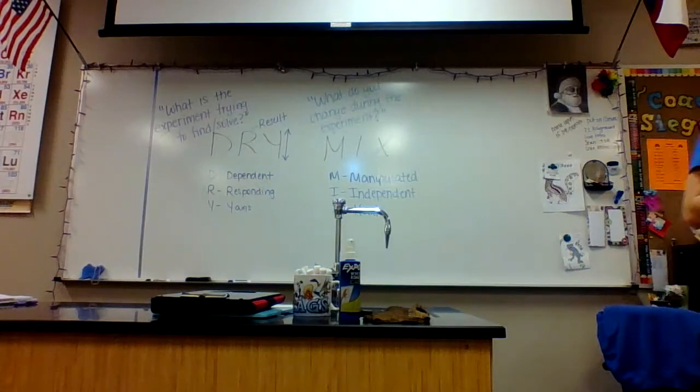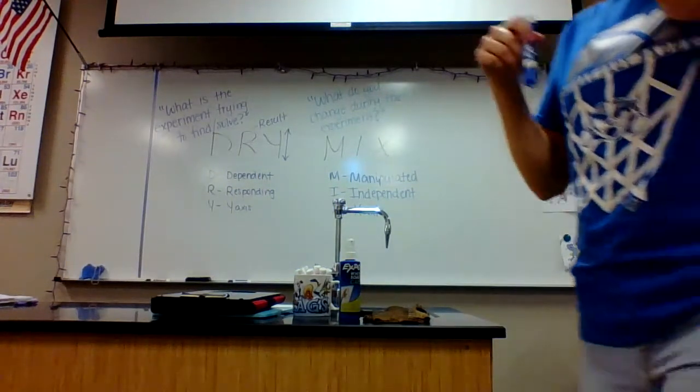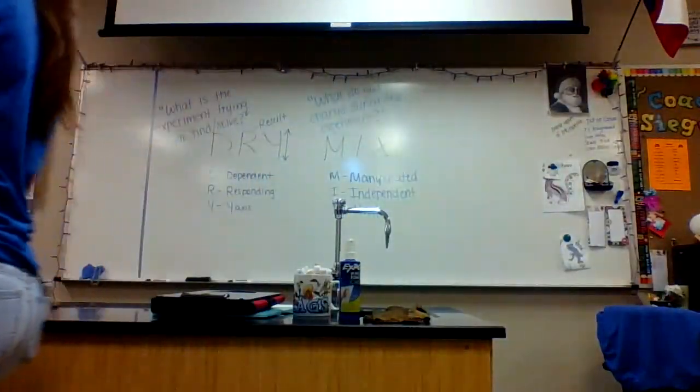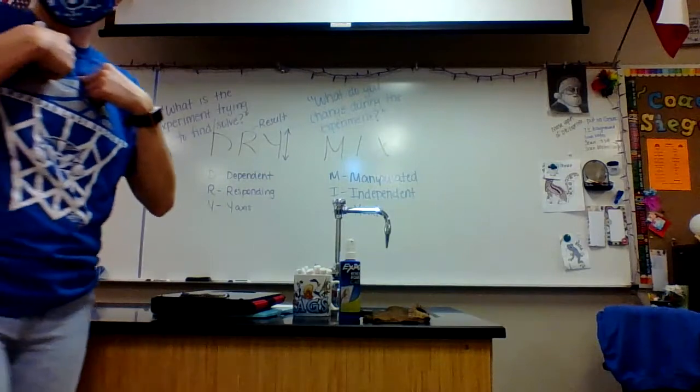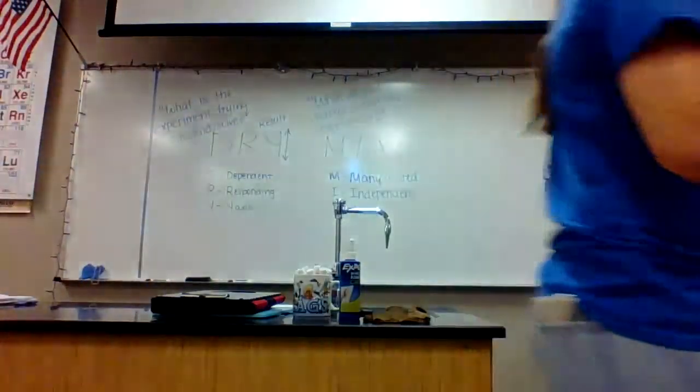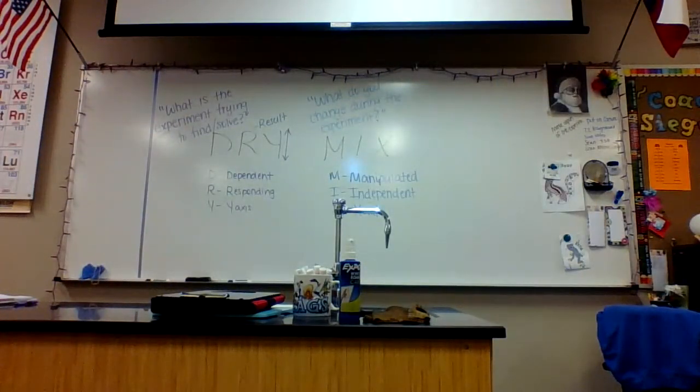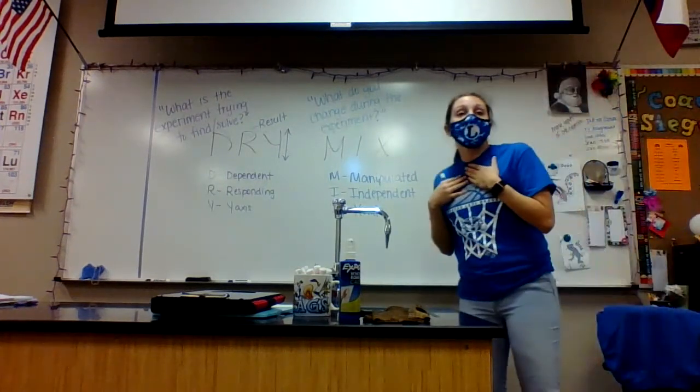Okay, so if I go back to my rose bush example, I am using different fertilizers to figure out which one works the best. What part of that experiment am I changing? The fertilizer. The type of fertilizer. Okay, so that would be my independent variable in that situation because I'm changing the fertilizer. Am I just going to use water?